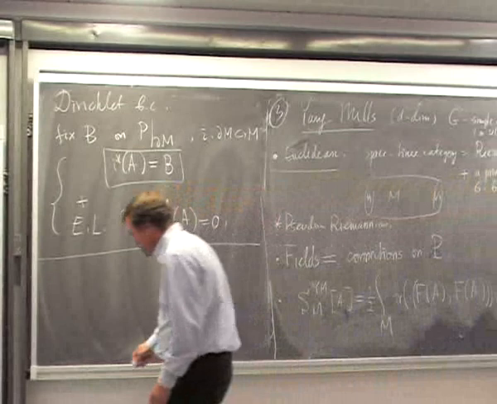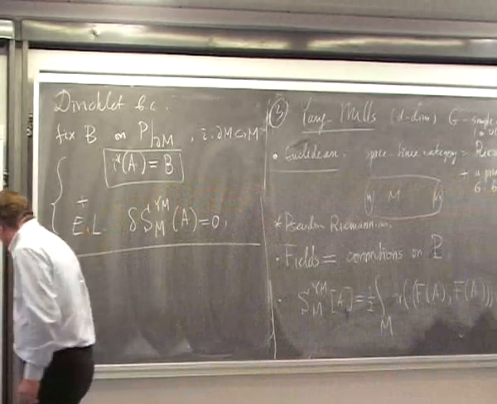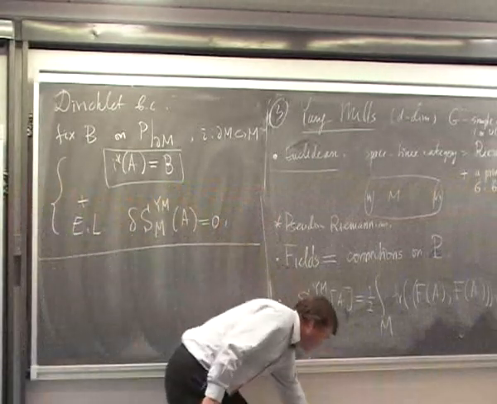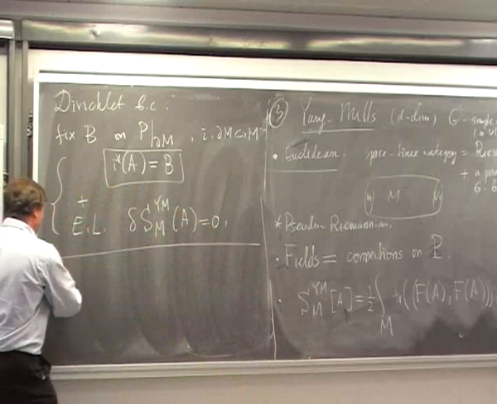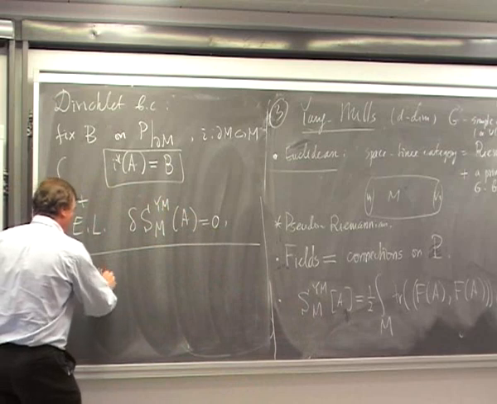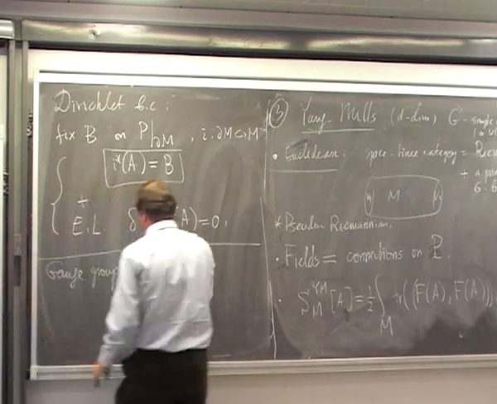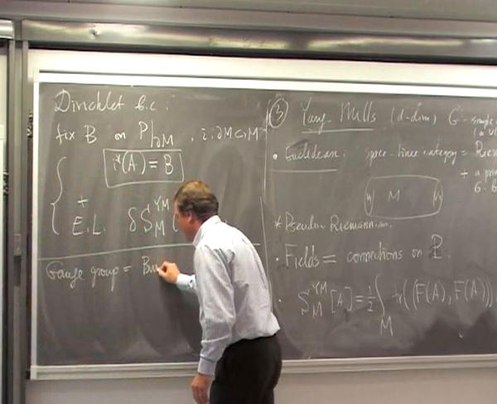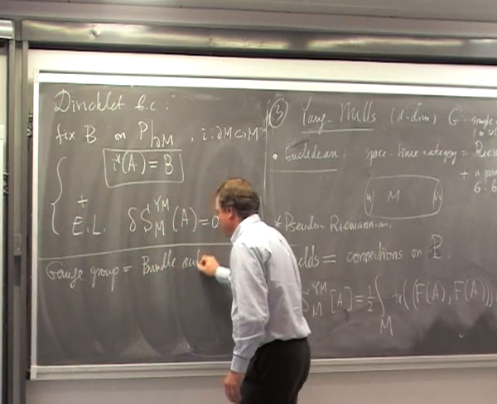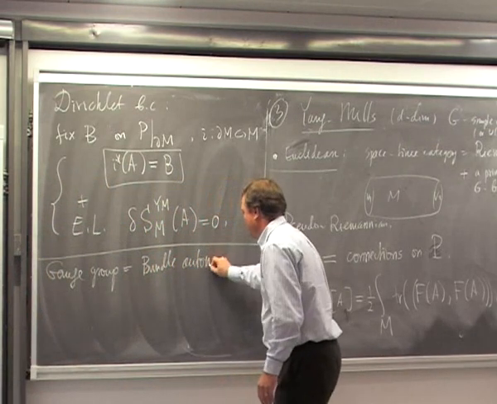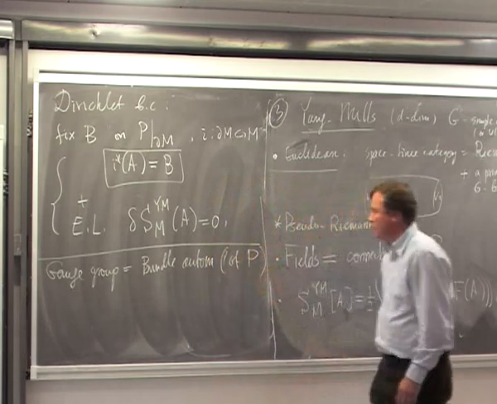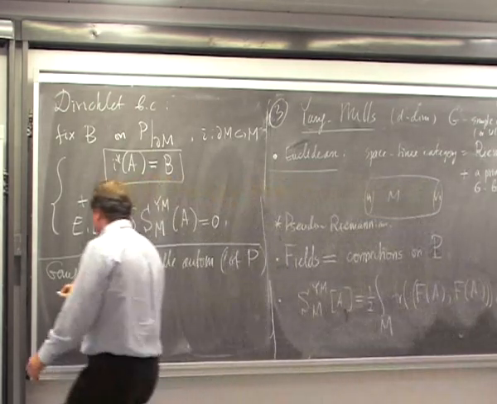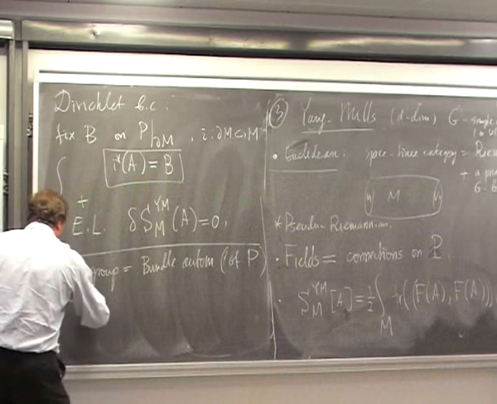So why is it degenerate? It's because there is an action of the gauge group. The gauge group is the group of bundle automorphisms of our principal G bundle.